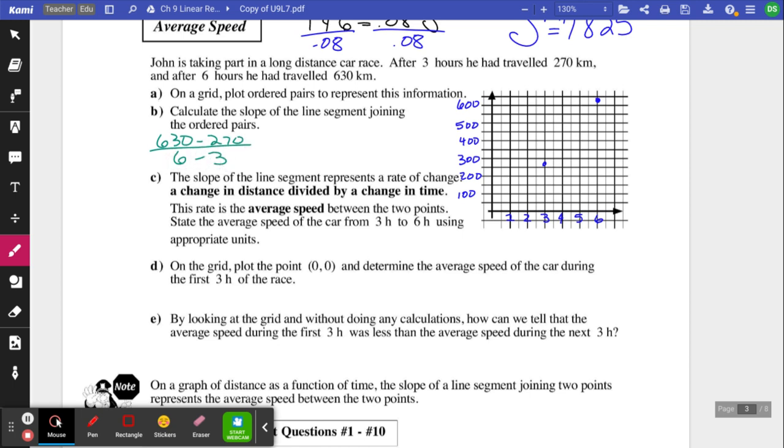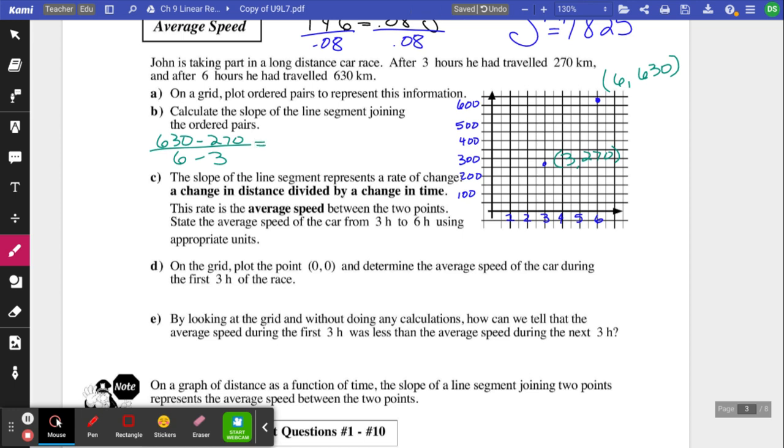You understand? I didn't write the coordinates over there on the points. You could say, okay, this is the point 6 and 630. This might be a better idea. And this is the point 3 and 270. Makes sense how it's gonna work now? Like label the points if you need to. That helps you.